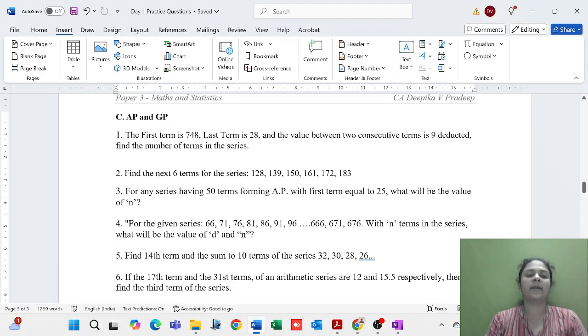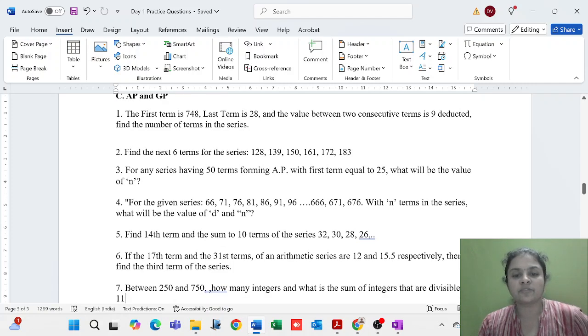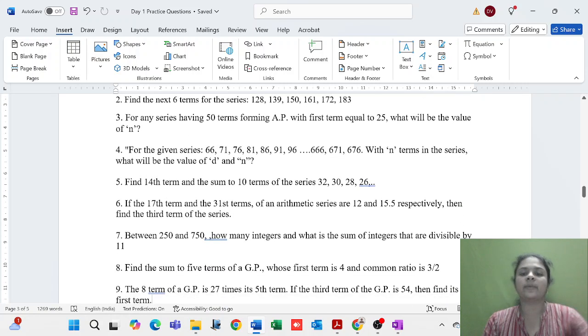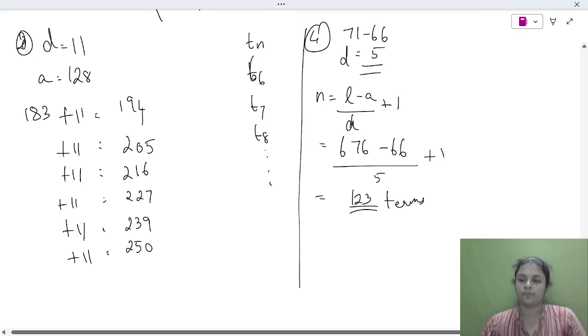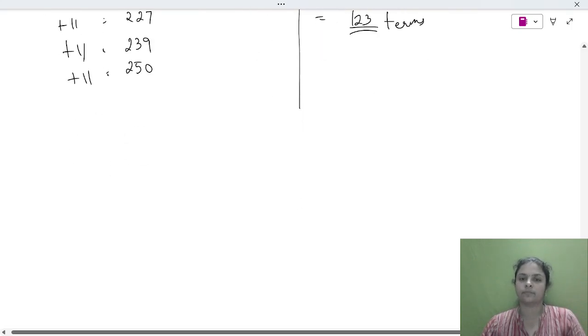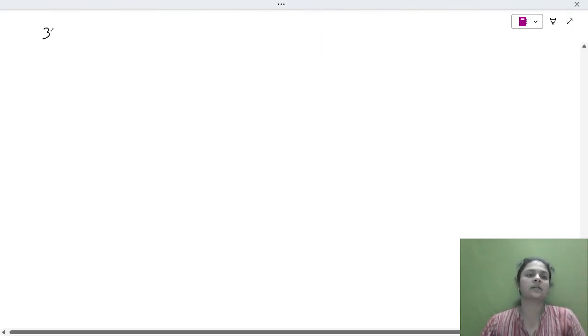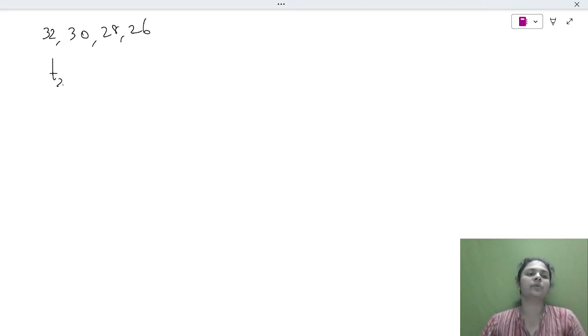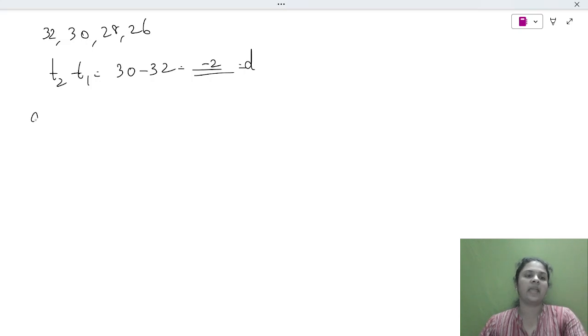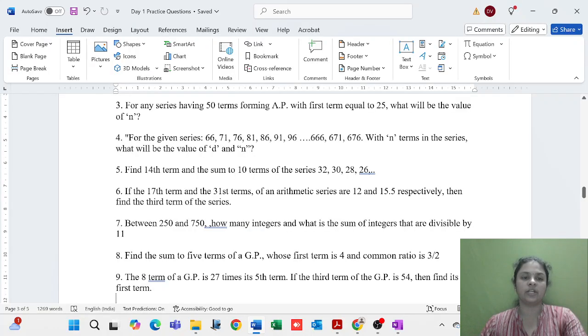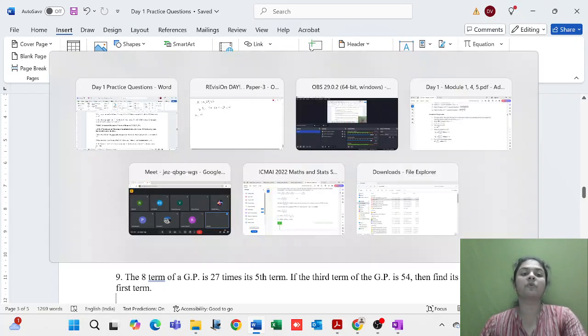Next, fifth one. Find the 14th term and sum of n terms of the series 32, 30, 28, 26. Now, if I do T2 minus T1, I get 30 minus 32, minus 2 as the value of D, and A is the first term, which is 32. Find the 14th term.